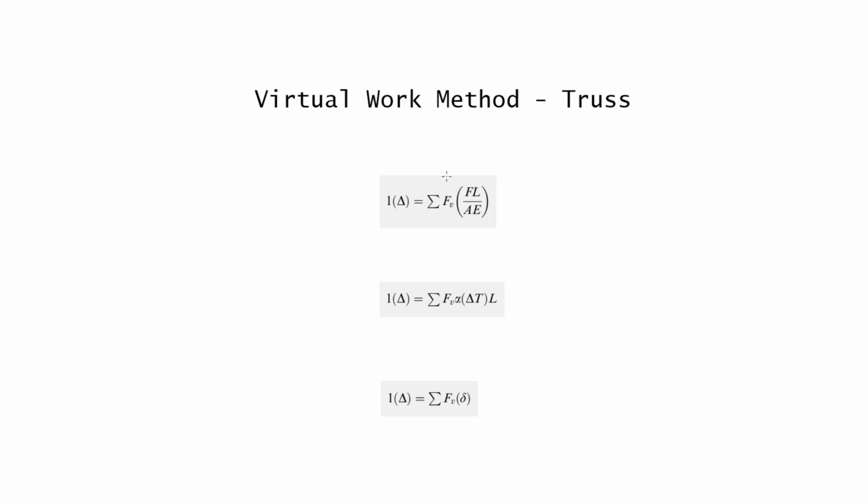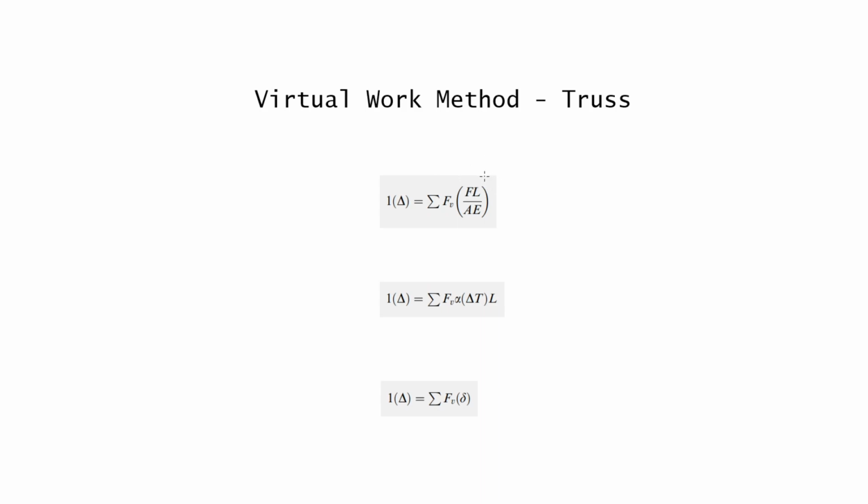FV here is the member force. Okay, so truss kasi ito, no? So, member force due to the virtual load. So, yan yung FV. And then, yung F natin dito is yung member force ng truss natin, yung force for each member due to the external load, yung load mismo ng truss natin times L.